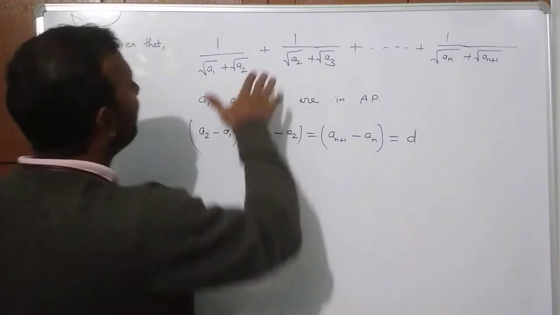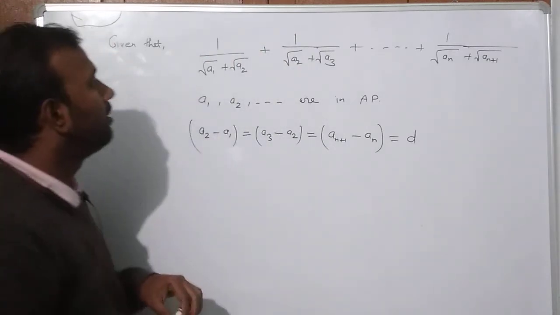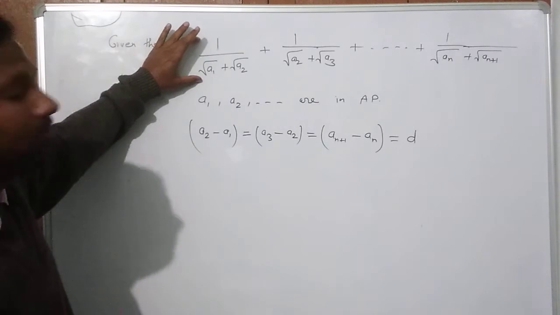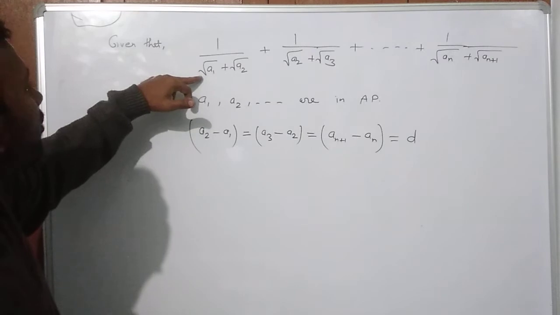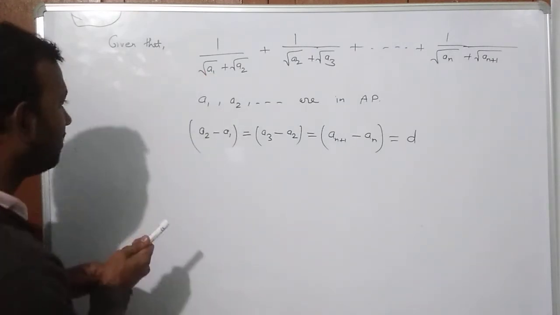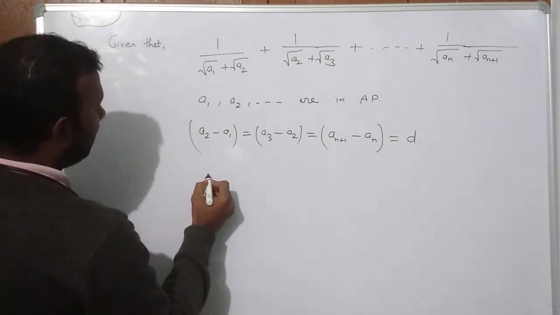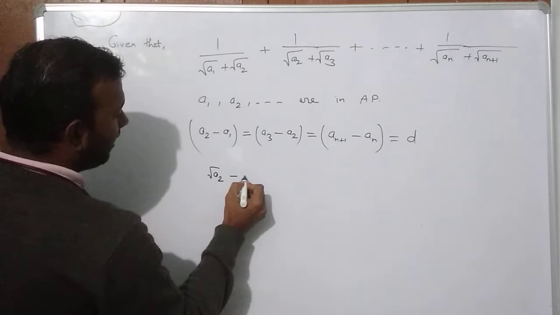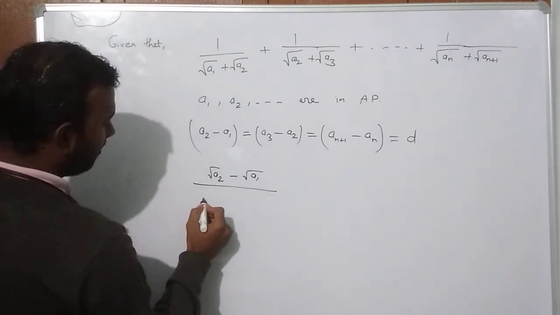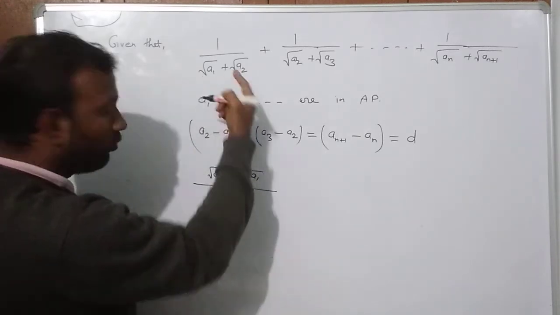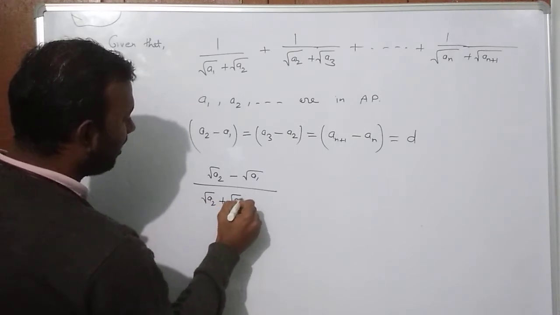Now we have to find the value of this. If you observe here, if we rationalize every term, that is the denominator, we have under root a1 plus under root a2, and we multiply with the conjugate, under root a2 minus under root a1, upon under root a1 plus under root a2, which we can write as under root a2 plus under root a1.